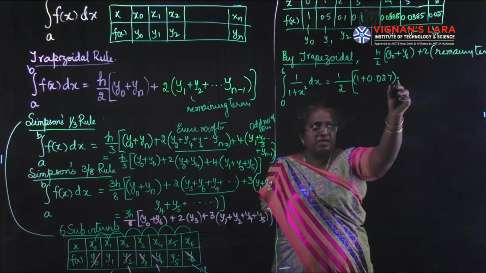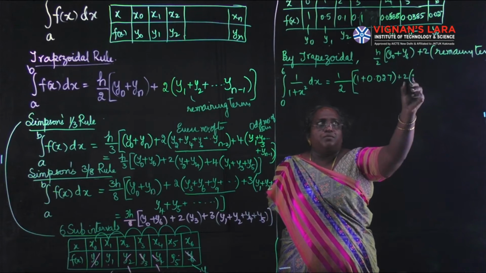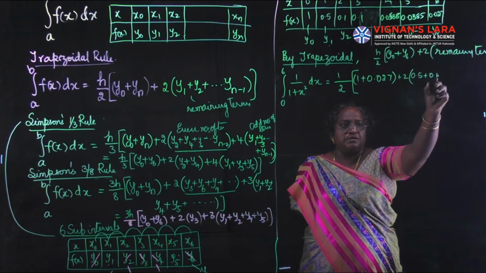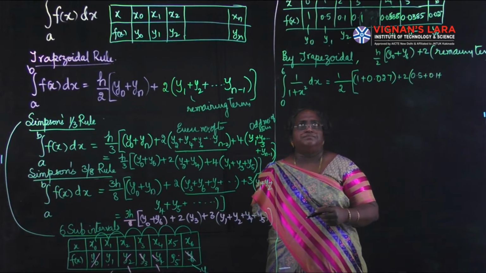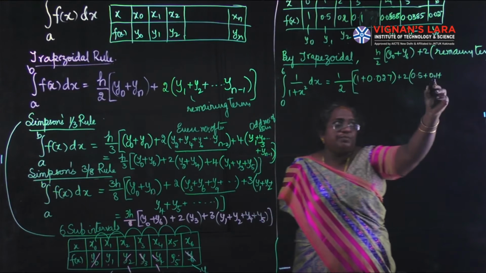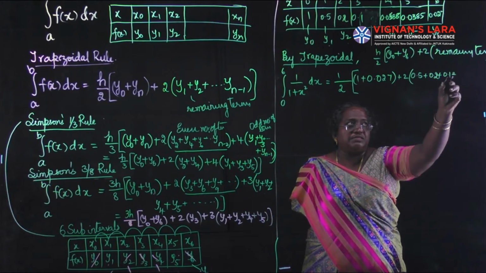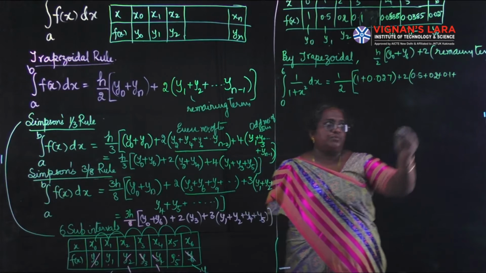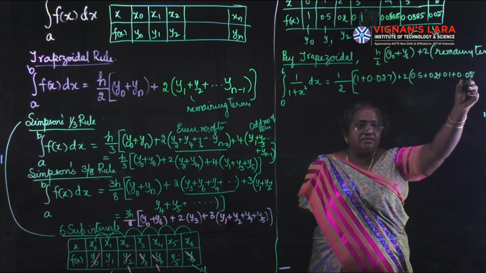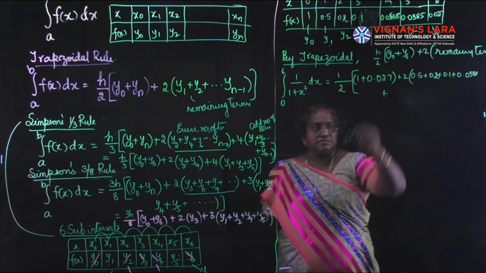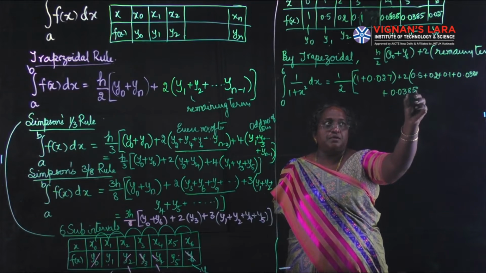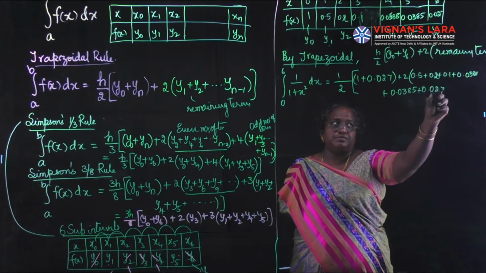So it is 2 times 0.5 plus 0.1 plus 0.2 plus 0.1 plus 0.0588 plus 0.0385 plus 0.027.